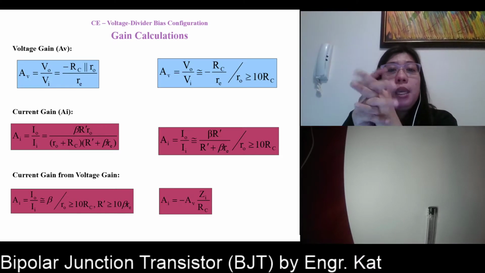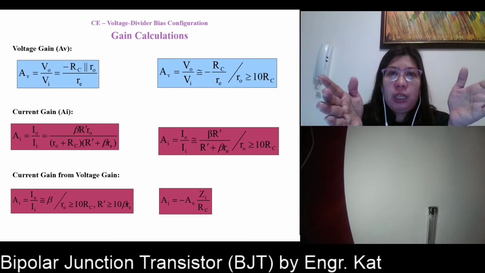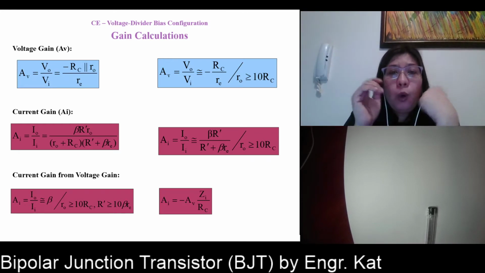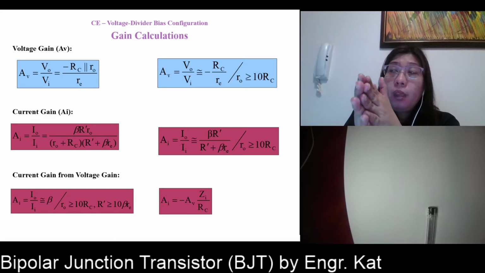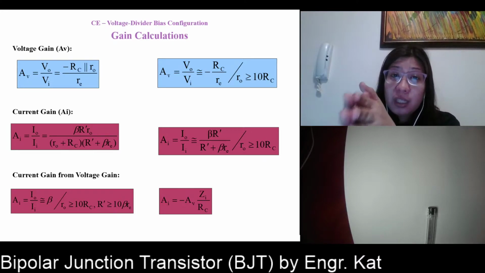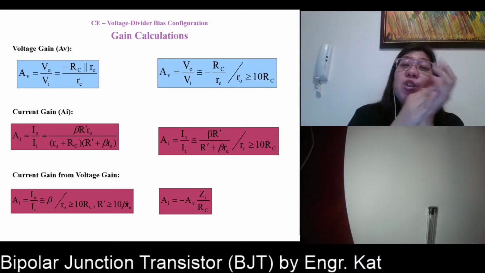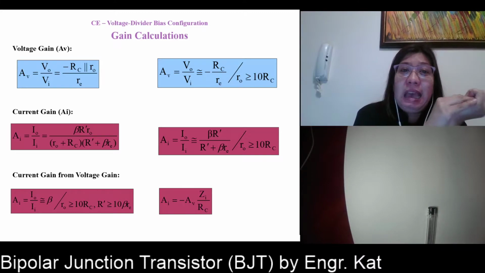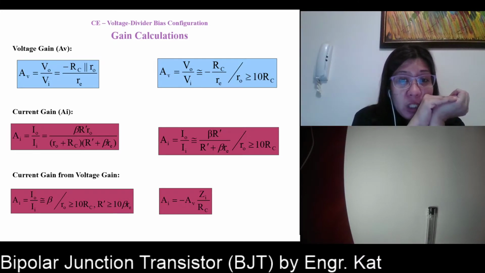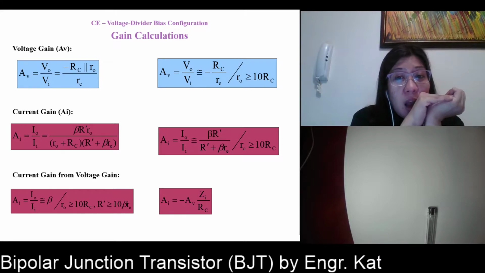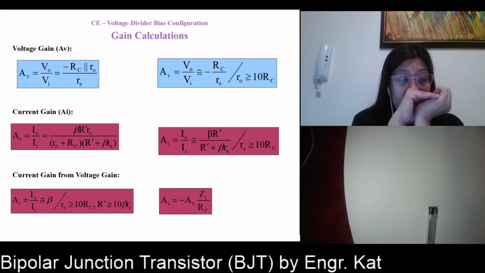But by looking at the AC analysis, we can see that the voltage divider performance is just like the performance of the fixed bias. Technically, by looking at the formula for their voltage gain and their current gain, they are just the same.